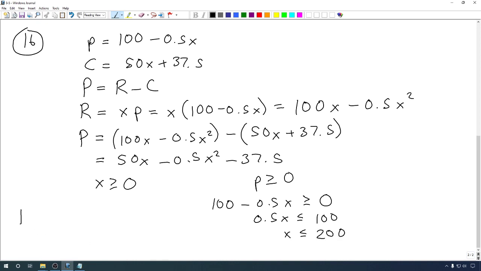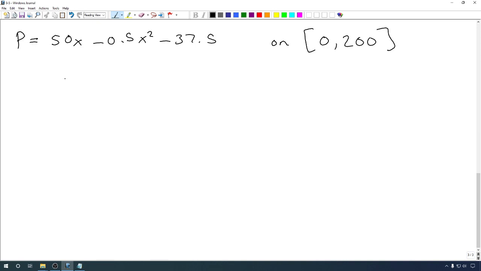So our feasible domain, our x can go from 0 to 200. So we have a function that we're wanting to maximize over a closed interval. That's probably the best situation that we can have, especially with it being just a quadratic here.